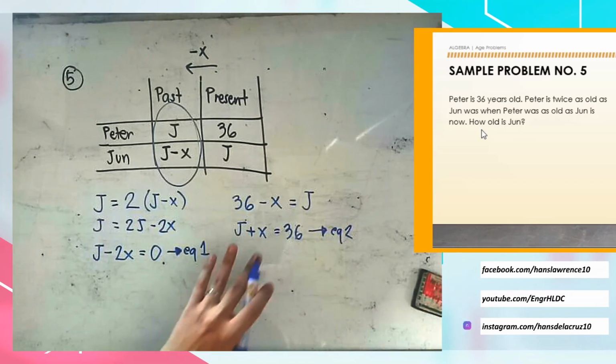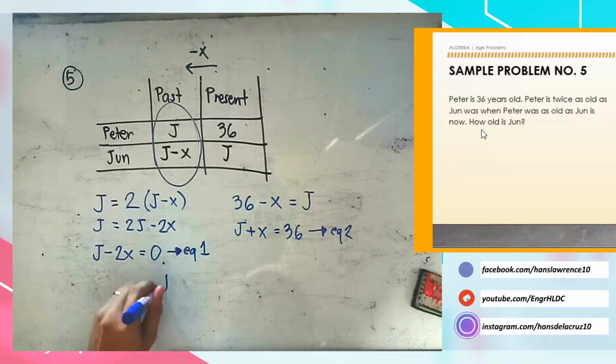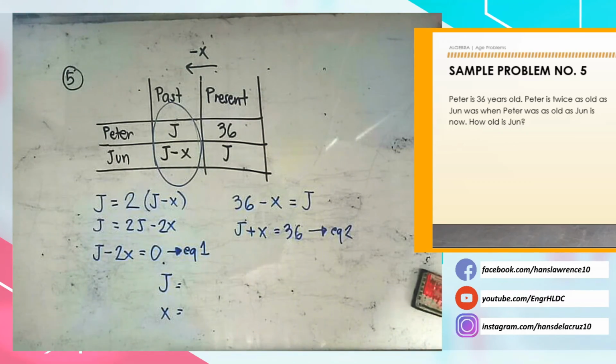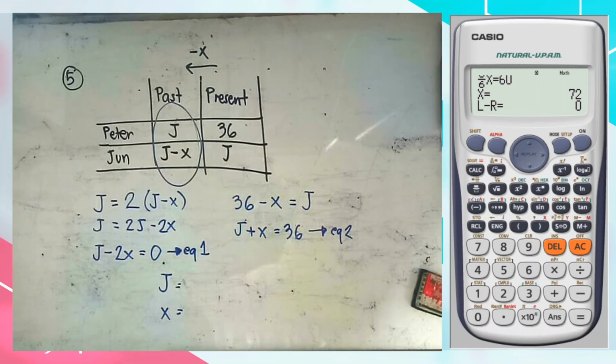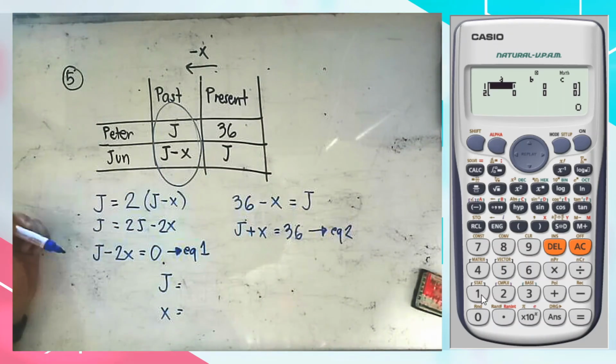So, two equations, two unknowns, class. So, solvable lang J and X. So, ilan ang J at ilan ang X. So, gamit na lang tayo ng calcu. So, gamitin natin yung mode 5.1. Mode 5.1. So, input natin to. So, this one is 1, negative 2, 0.